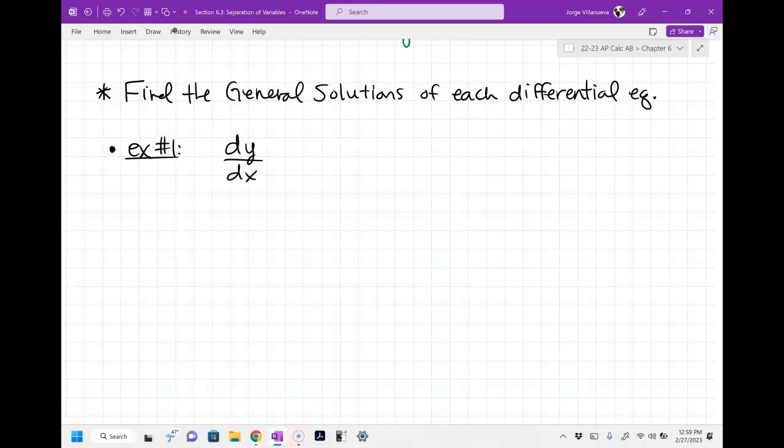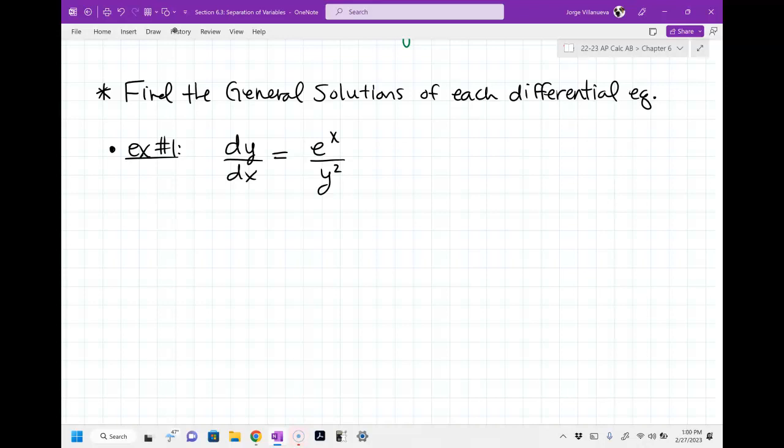dy dx is equal to e to the x over y squared. Now your job is to separate the variables so that one specific type of variable is on one side and another type of variable is on the other side. It's a lot easier than it sounds at times.